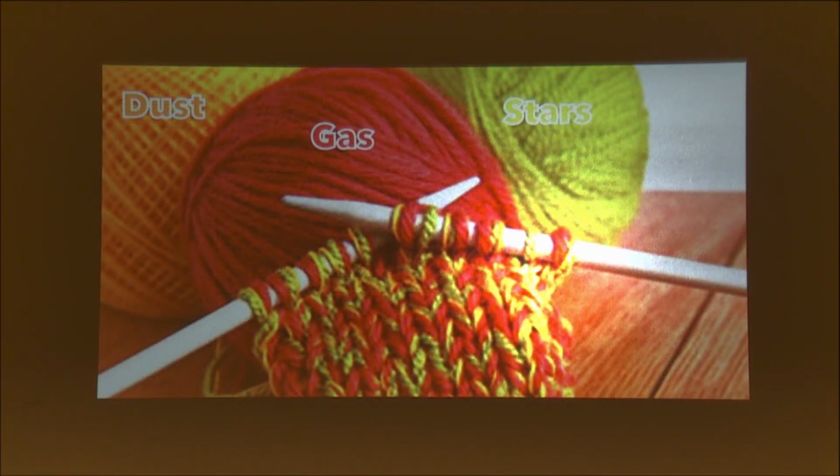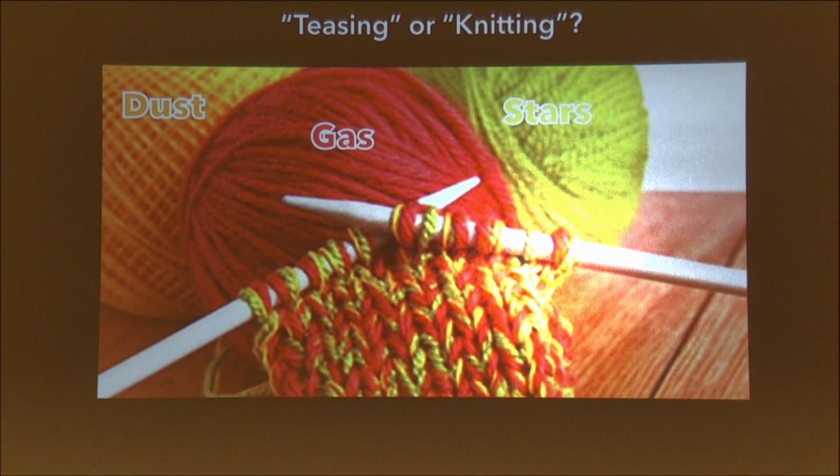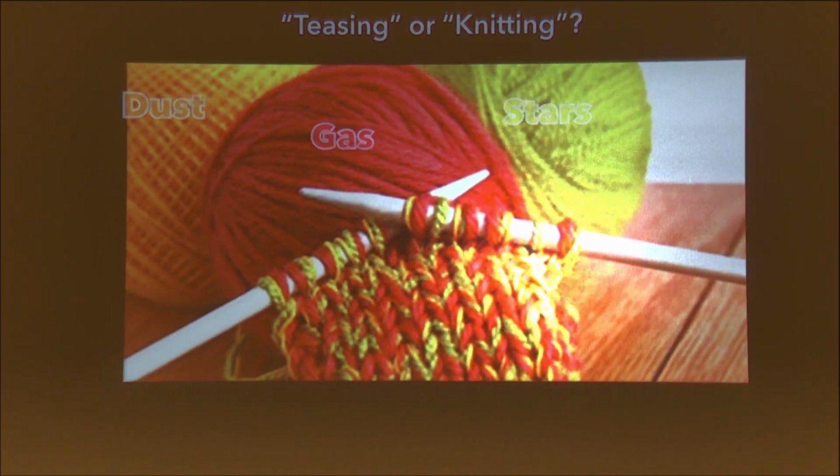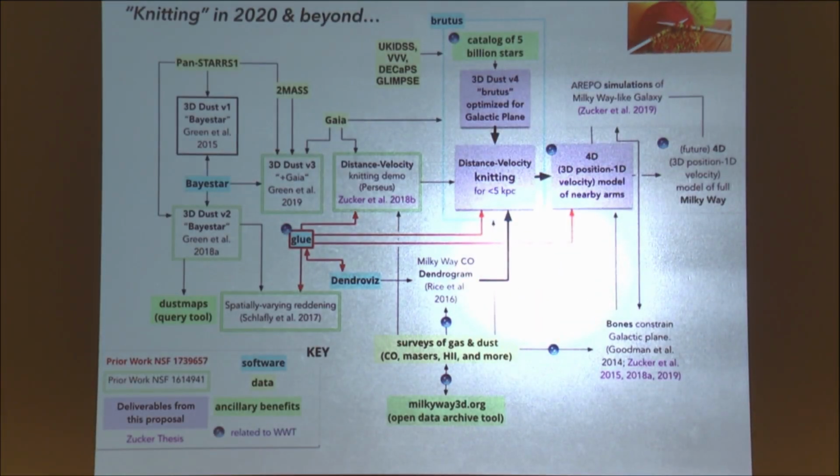Anyway, so the goal, right, is to knit together the information from the dust, the gas, and the stars. So we sort of felt like we were teasing out a story with the Radcliffe Wave, but really what we want to do is knit it all back together. I am not going to explain this to you, but if you want to know what we're doing, that's what we're doing, okay?